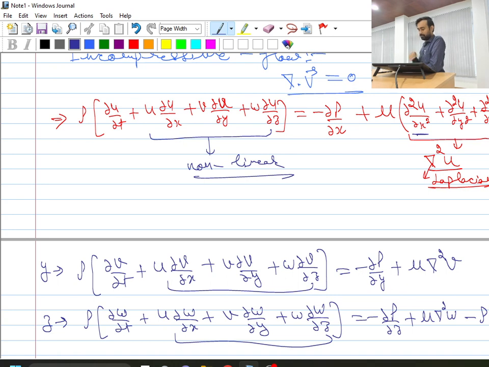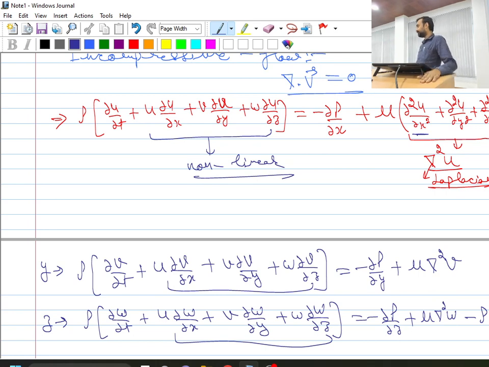So in the approach of CFD, popularly called computational fluid dynamics, first we convert these equations into a set of algebraic equations, and then we take the help of computers to solve the algebraic equations. That way we can find the solution of these equations for complex situations also. But that is not an analytical solution, that's a numerical solution. So that's not an exact solution.